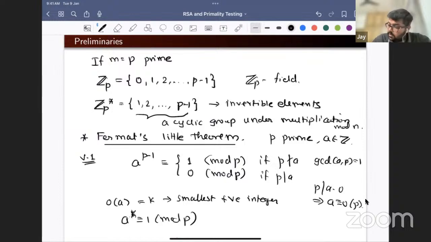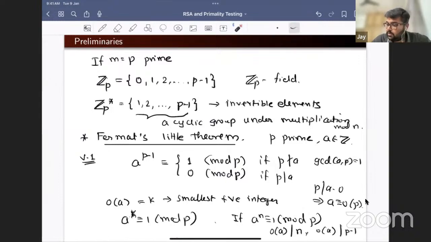And if a raised to n is congruent to 1 mod p, then the order of a divides n. In particular, by Fermat's little theorem, the order of a divides p minus 1, because for n equals p minus 1, this is true. It is 1 mod p, right?